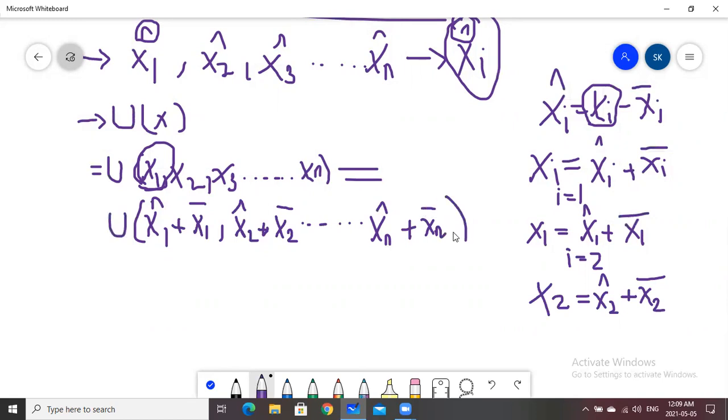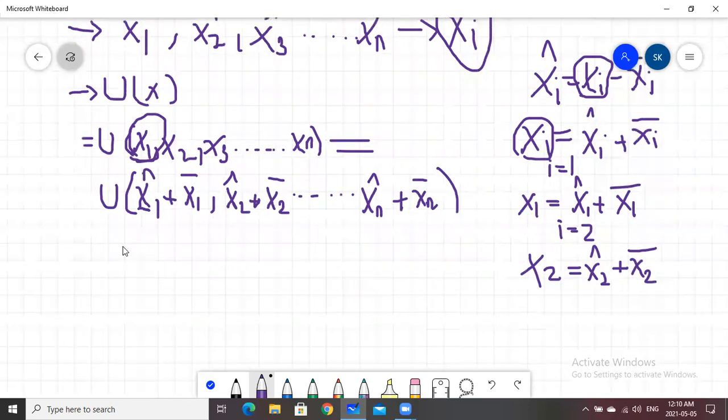Since the initial endowments, that is the xi bars, are constant, therefore u varies only if the net demand varies.